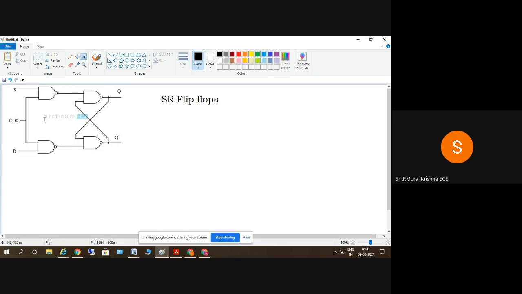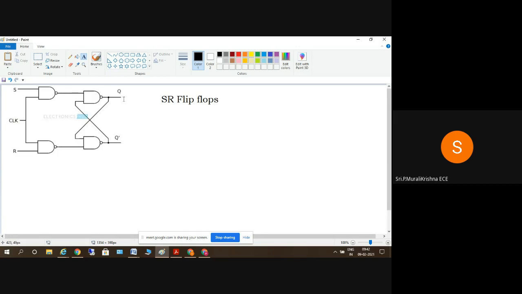We'll see the analysis part of this. We have to take the four cases: S equal to 0, R equal to 0; S equal to 1, R equal to 0; S equal to 0, R equal to 1; and S equal to 1, R equal to 1.